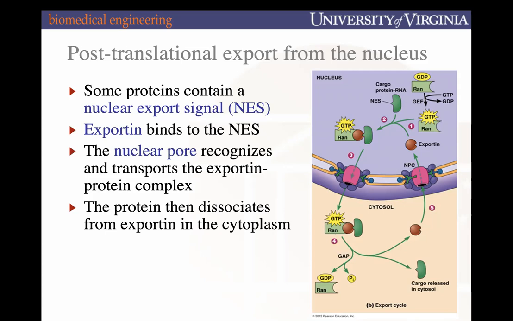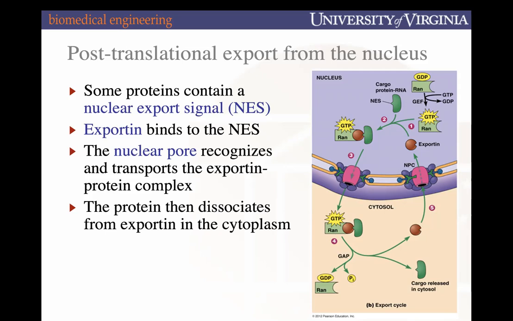We typically only want nuclear proteins to be in the nucleus, so we need a mechanism to transport these free proteins that can diffuse in back out of the nucleus. There are proteins that have a nuclear export signal that is recognized by exportin. To help you remember importin versus exportin, it's kind of in the name. Importin helps import things into the nucleus. Exportin helps to export things out of the nucleus.